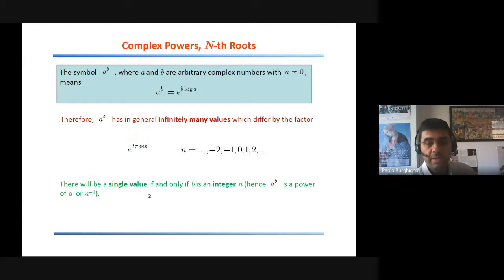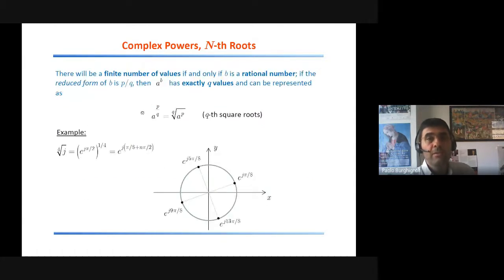If you have instead a rational number as the exponent of your power, then in that case you have a finite number of values, and in particular it's easy to check that you have exactly q values if q is the denominator of the reduced form rational representation of the exponent b.